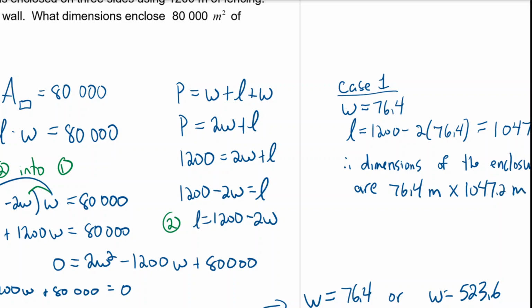Let's just check this by multiplying 1047.2 times the 76.4. Because of rounding error, it pretty much gives us 80,000. I got like 80,006. So be careful with how you round to get more accurate solutions.